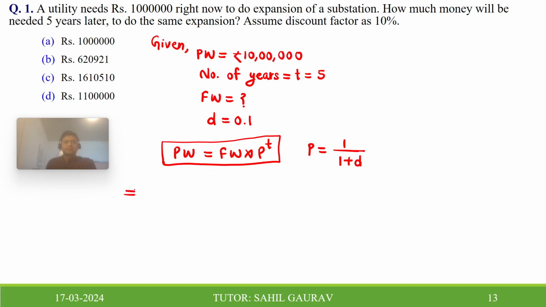So you just have to put all these values to get the answer. So it will be 1.1 to the power 5.